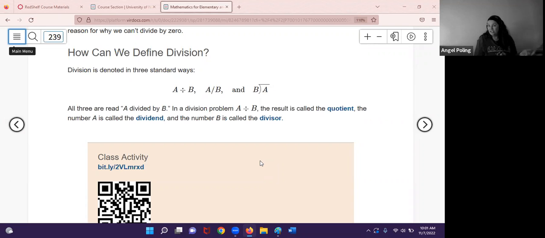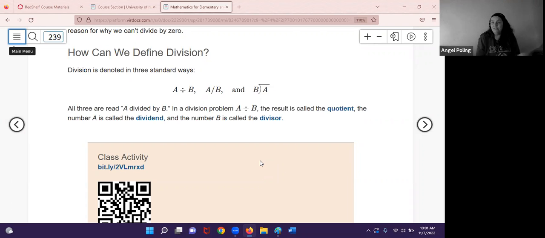So we write A divided by B, or we have this A/B, for example, but still A divided by B on the keyboard. And then we have the one we write when we do long division, which looks like A divided by B in a much different way.